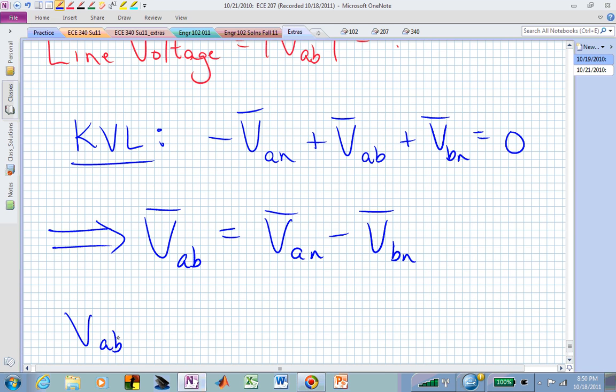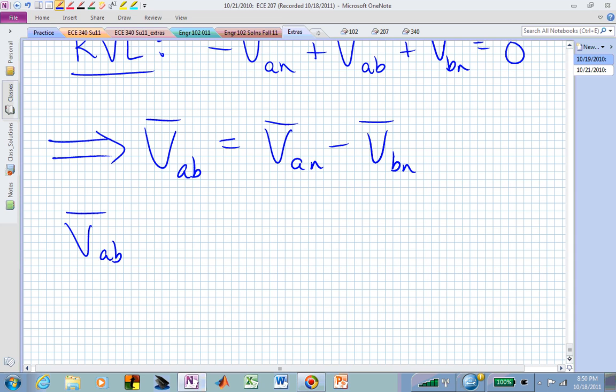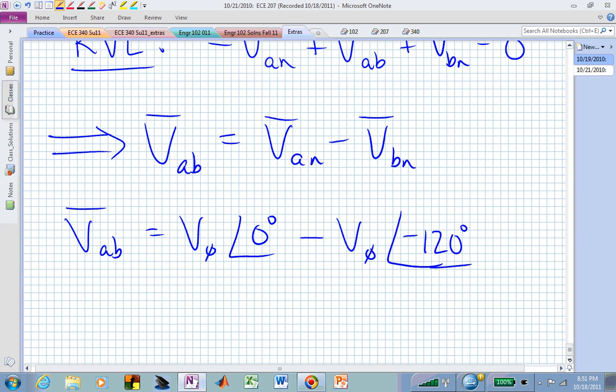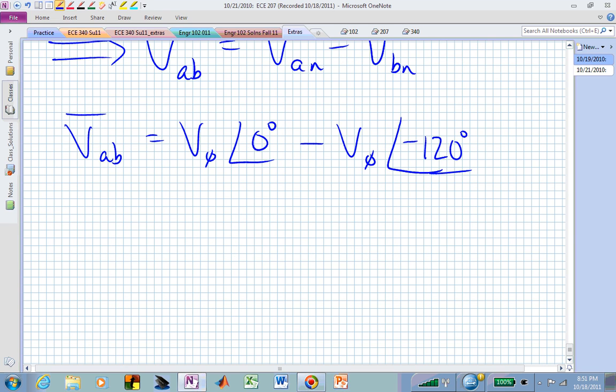In terms of these phase voltage magnitudes, V sub phi, we know that this is V sub phi at an angle of 0, or just a real quantity, minus V sub phi at an angle of minus 120 degrees.